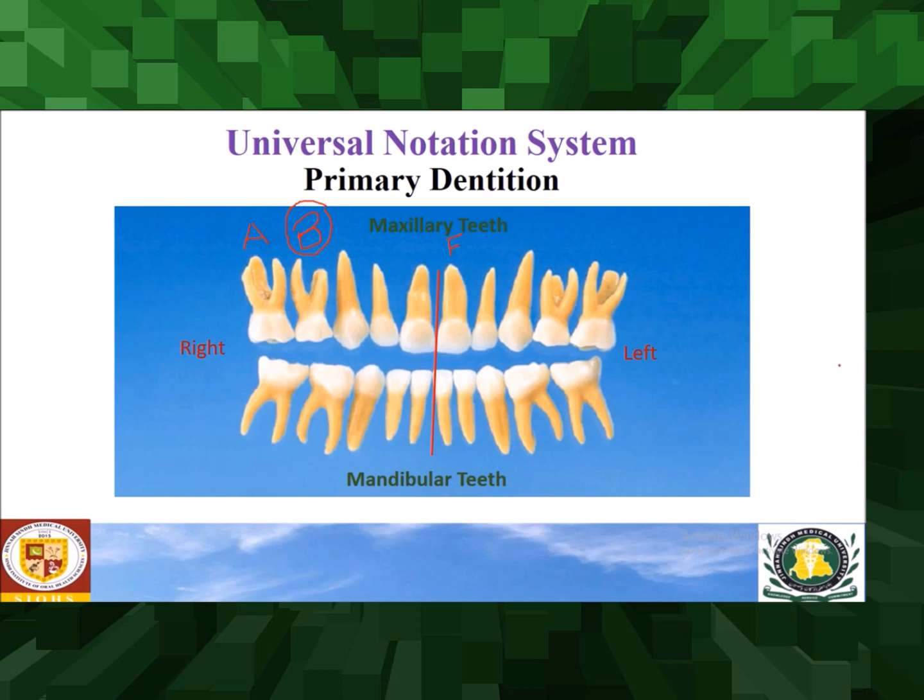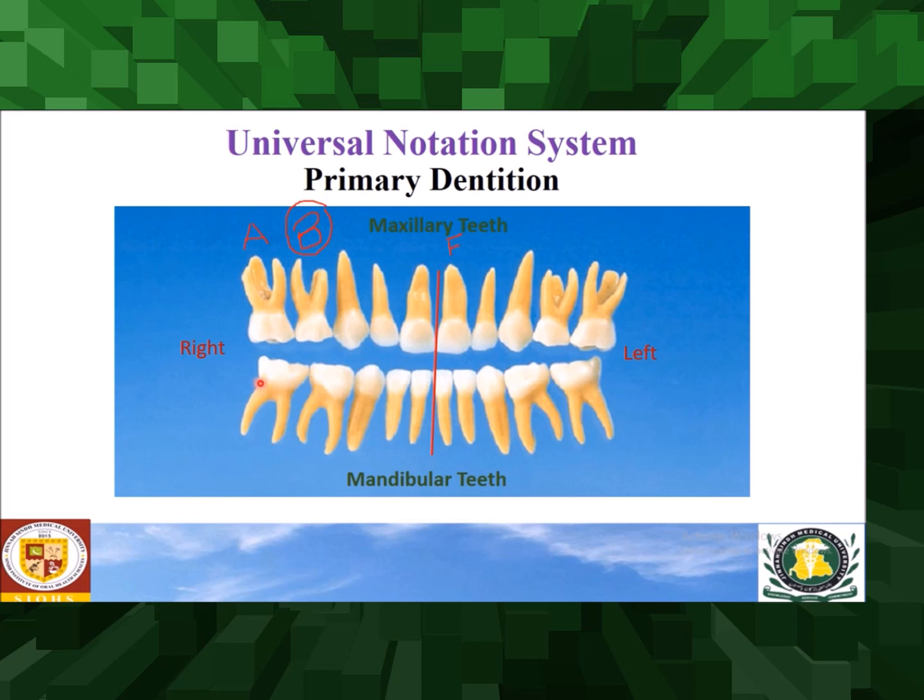Now we will do another exercise for the right mandibular second molar. This tooth is the right mandibular second molar. This is the first mandibular molar of the right side. This is the second.